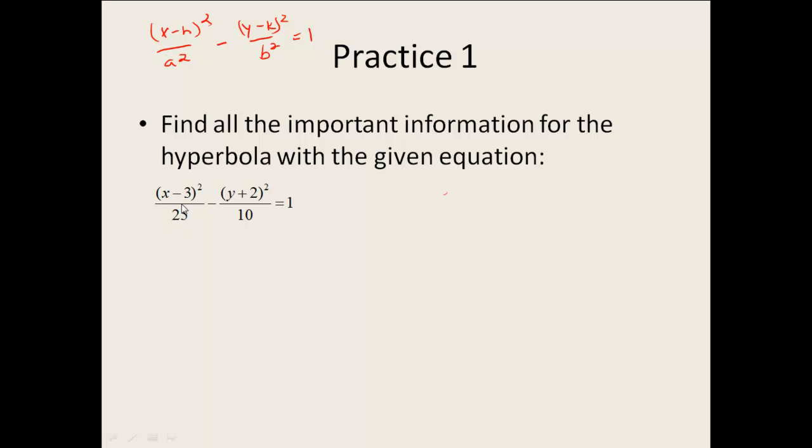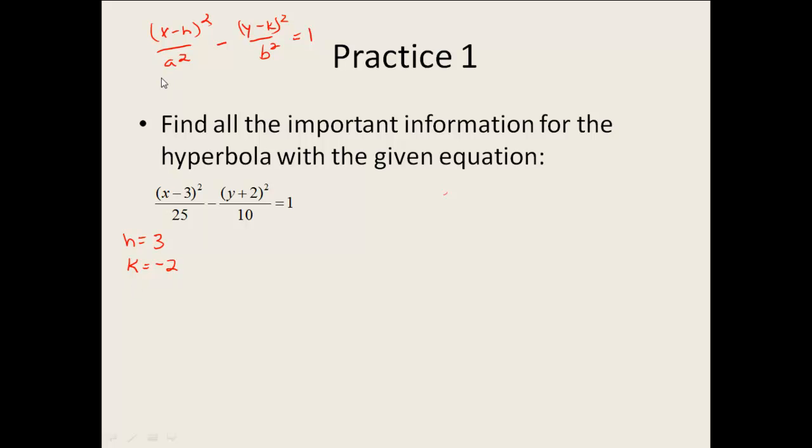So a couple of things that we're going to do is identify our h, k, a, b, and c. Well, let's start with our h. Remember, h is the number that's being added or subtracted with your x, but we have to take the opposite of it, so since it's minus 3, our h would be a positive 3. Our k is the number being added or subtracted with your y. That would be the 2, but we need the opposite of it, so that would be negative 2.